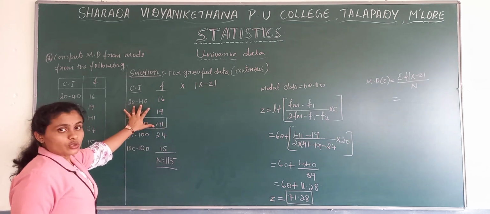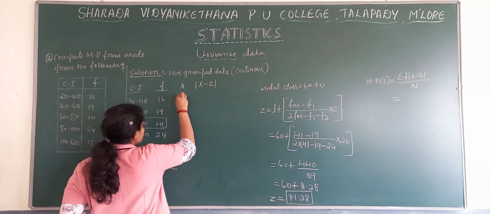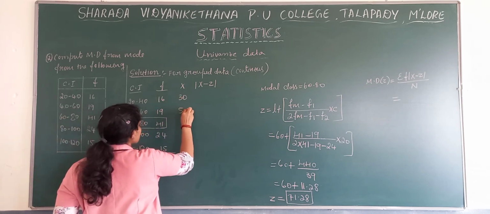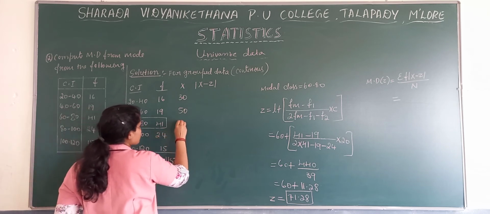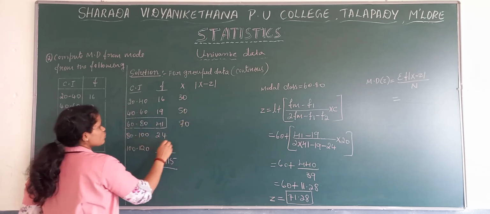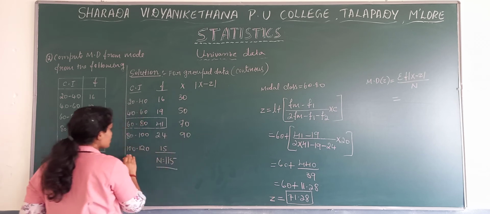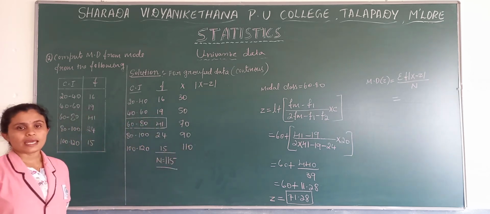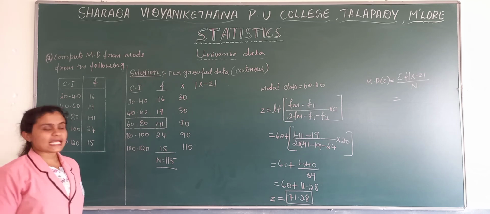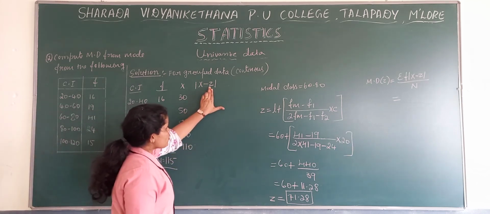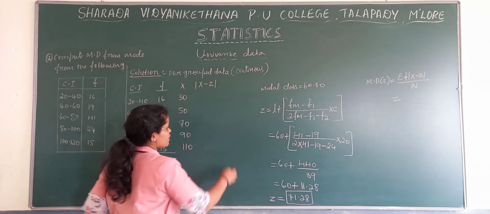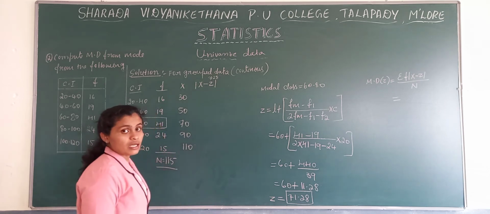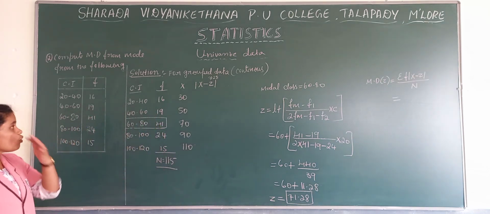The mid values: 20 to 40 is 30, 40 to 60 is 50, 60 to 80 is 70, 80 to 100 is 90, 100 to 120 is 110. That is our x value. The value of z is 71.28, which is nothing but the mode value.